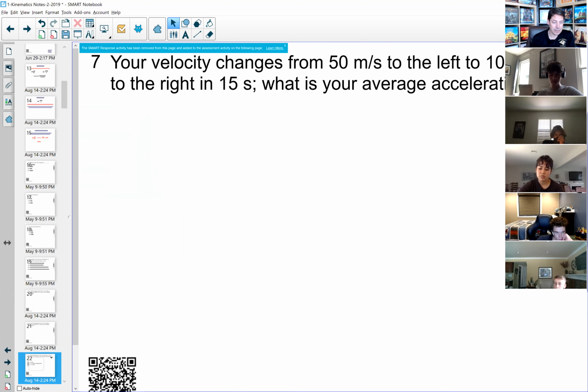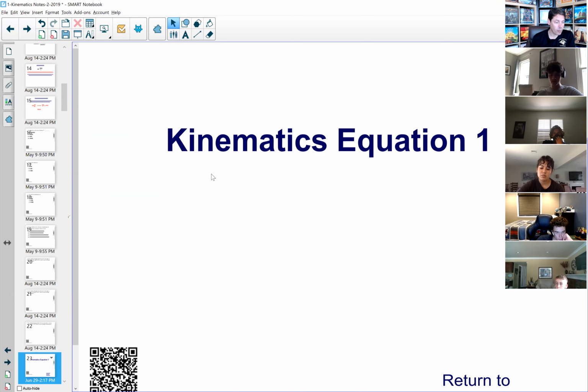All right, we move on to the next one. We are going to begin to discover kinematics equation 1. It's not technically officially defined as 1. Like Newton's laws, there's Newton's first law, second law, third law, and they're specifically defined that way.